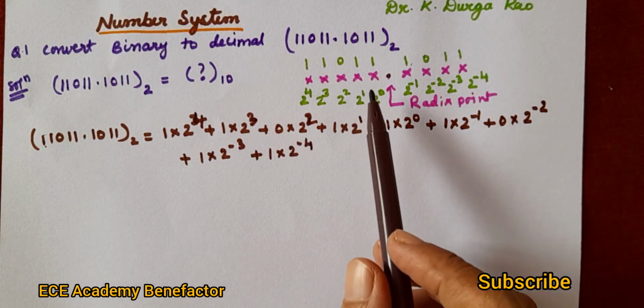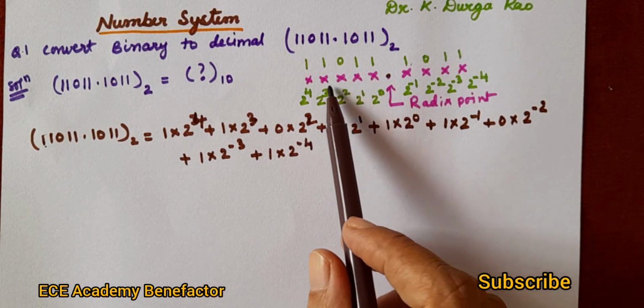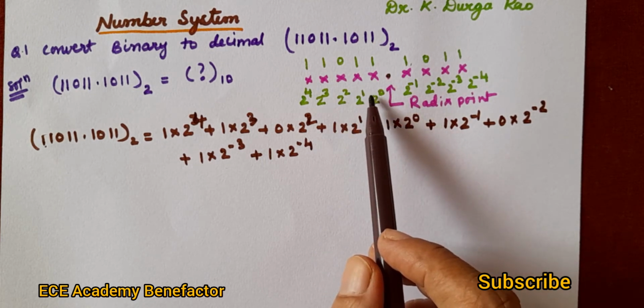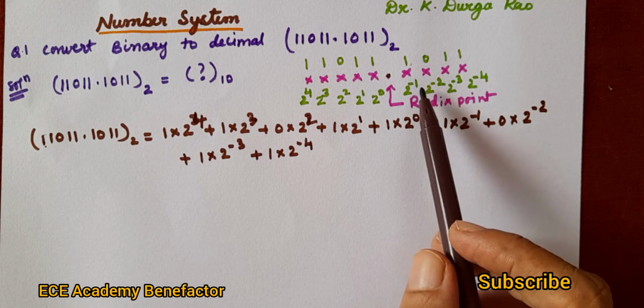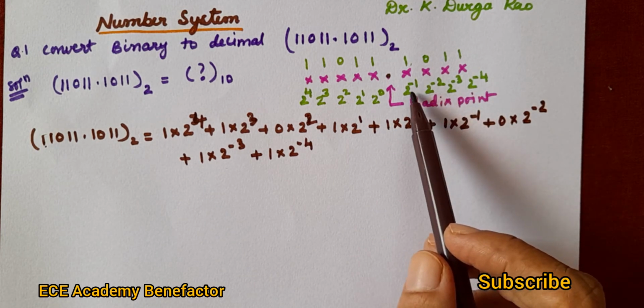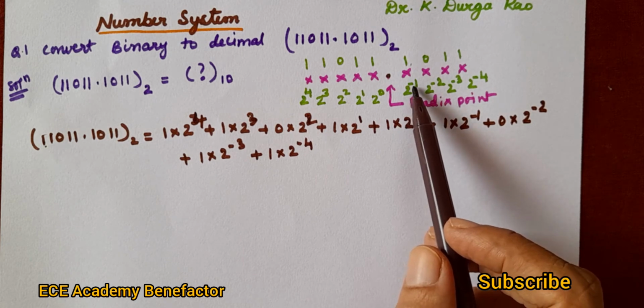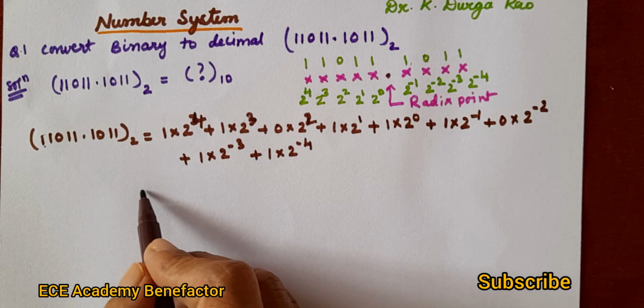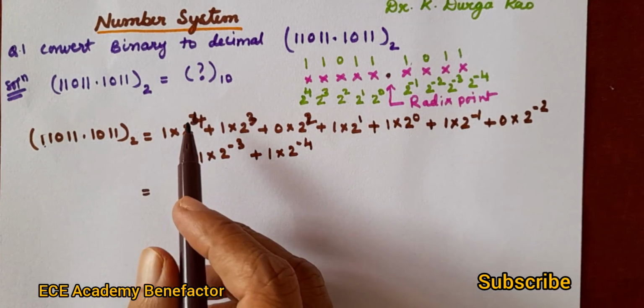So, I have to multiply the left hand side of the dot by positive powers starting from 0, and on the right side multiply with negative powers of 2 starting from 2 to the power of minus 1. Okay. So, what is 1 into 2 to the power of 4?